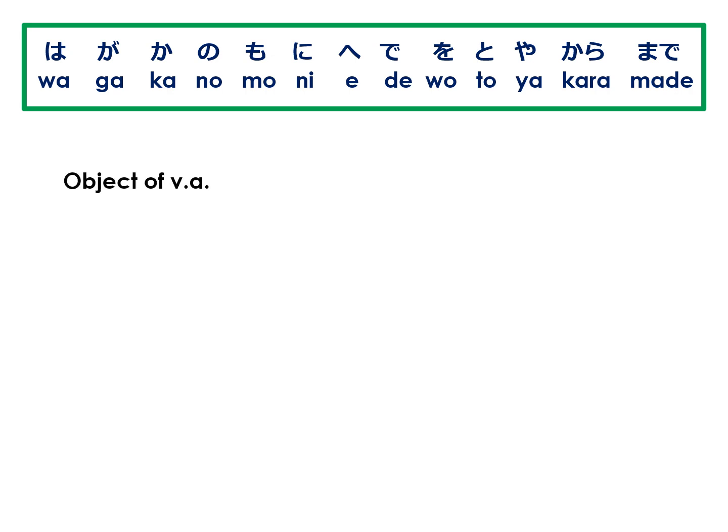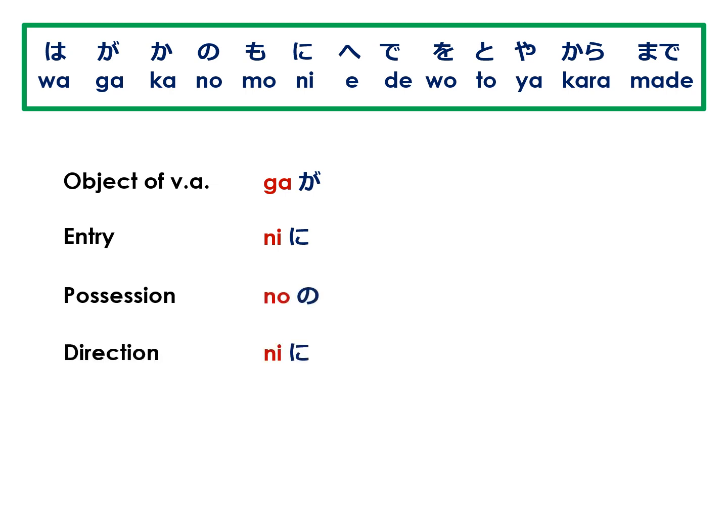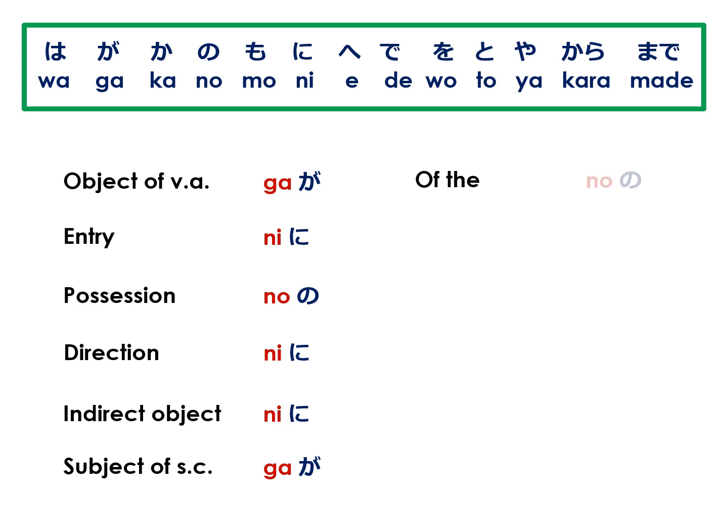Object of a verbal adjective, such as suki, kirai, jozu, heta, tokui, or nigate. Ga. Entry. Ni. Possession. No. Direction. Ni. Indirect object for whom something is done. Ni. Subject of a subordinate clause. Ga. Of the.